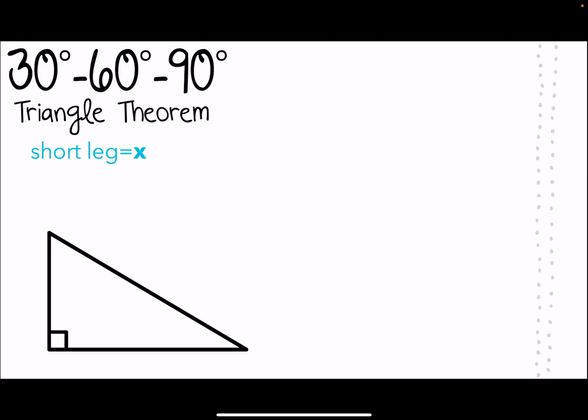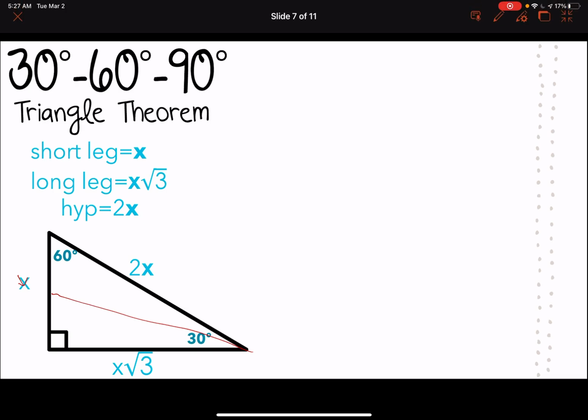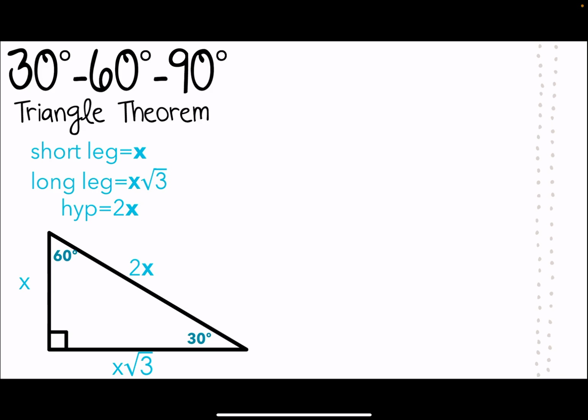Which means if this is my shortest angle, shortest side, then this right here opposite it is my shortest angle. And then your long leg is going to be the longer of the 2. And your hypotenuse, of course, is the longest. All the 2's on the hypotenuse.